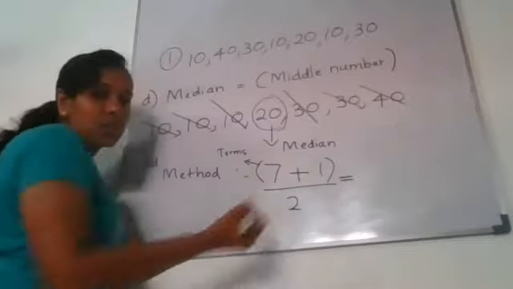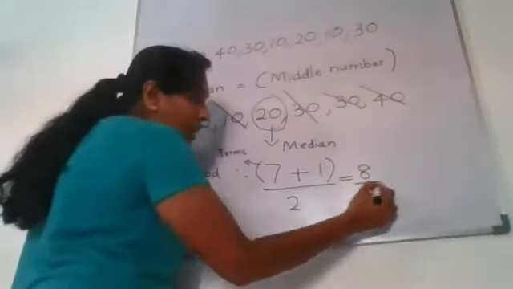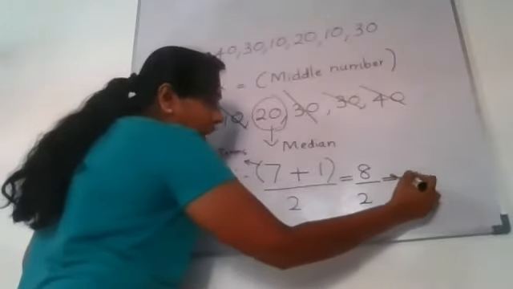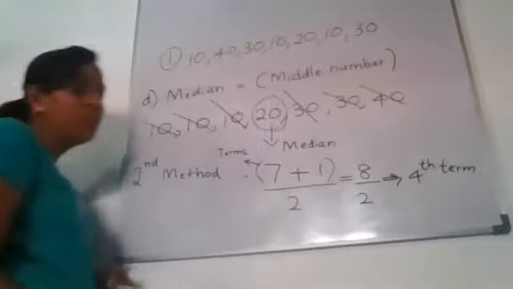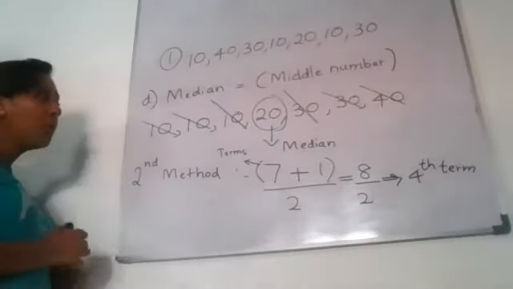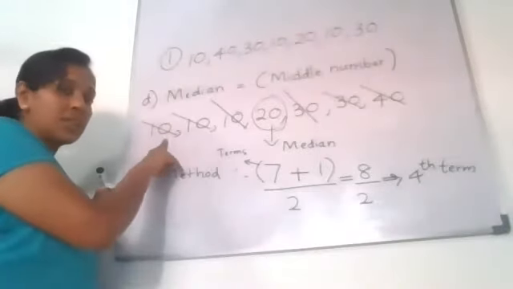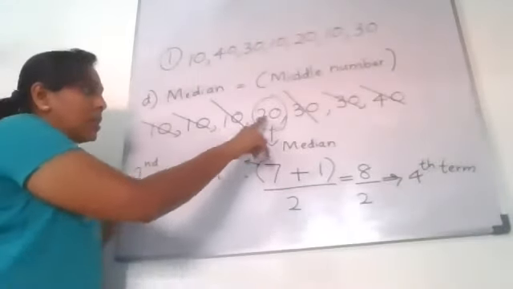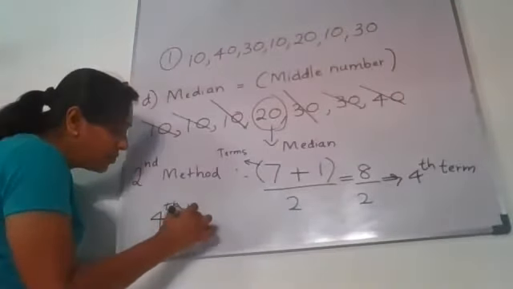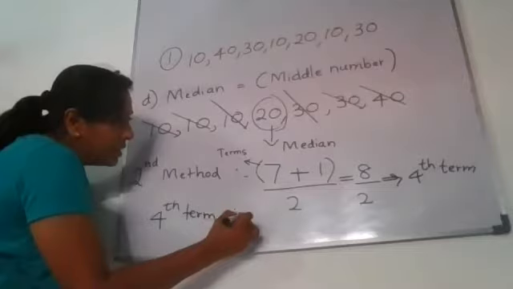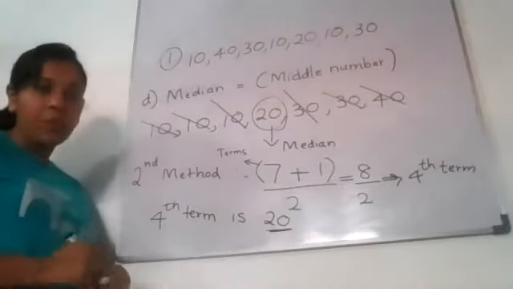So 7 plus 1 is 8. 8 divided by 2 is 4. That means the fourth term will be your median. Now what you have to do, you see which one is the fourth term. First term, second term, third term, and the fourth term. So according to this, my fourth term is 20. That means our median is 20, right?